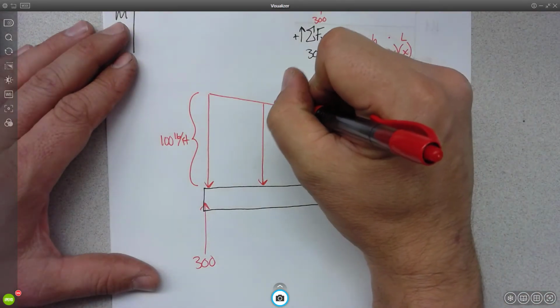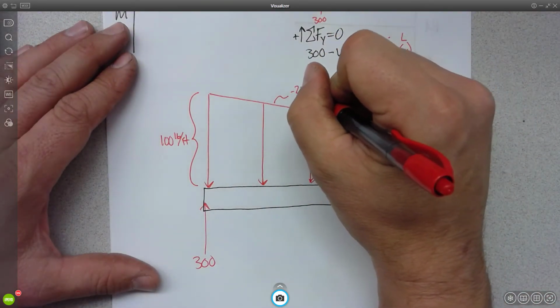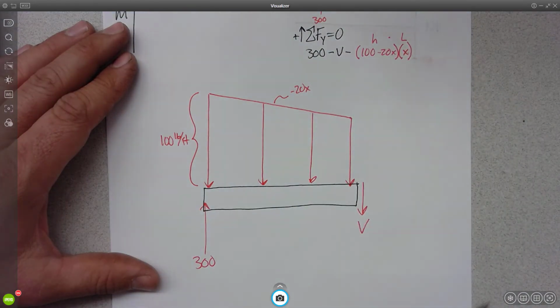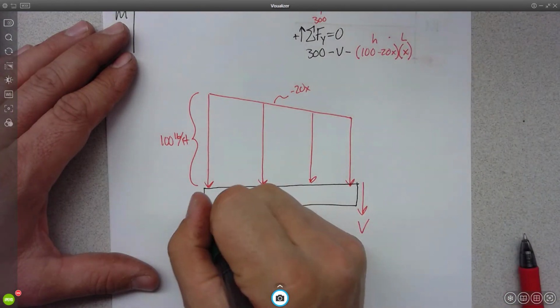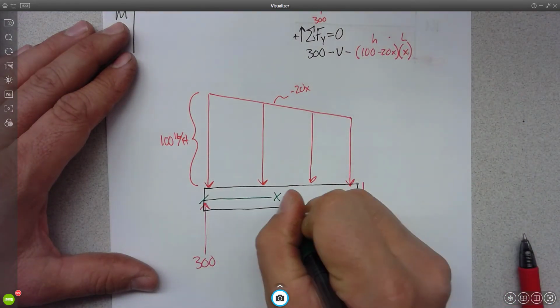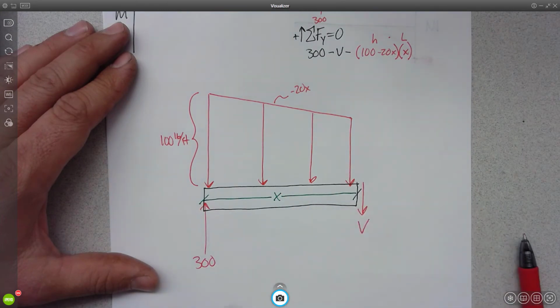We know that this line has a slope of negative 20x, and we know that this distance is x.